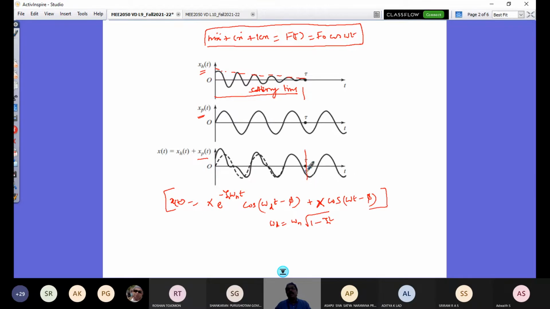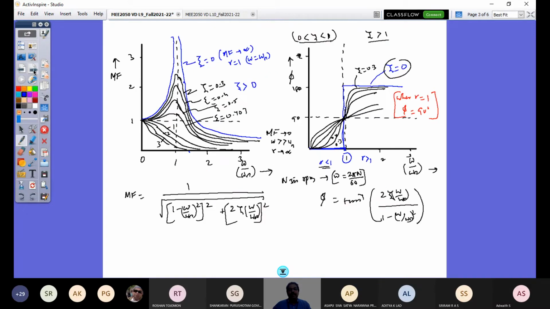After that, your response is either in phase with the excitation force, or out of phase with the excitation force. It depends upon the phase angle, or upon the excitation frequency compared to its natural frequency. This is something that we have already learned.